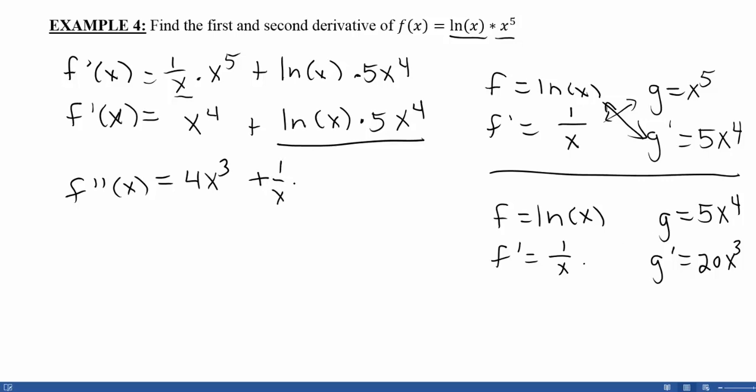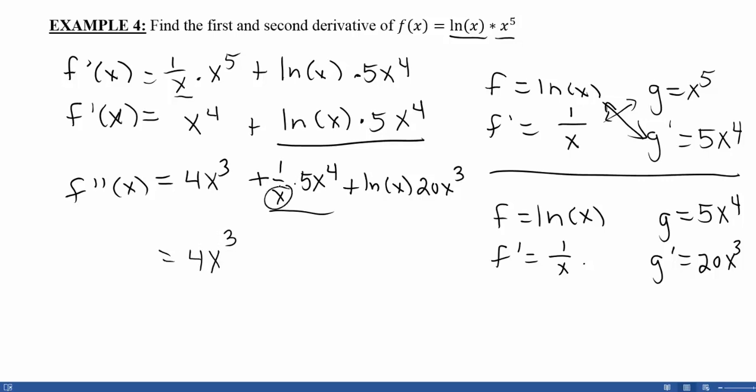So 1 over x times 5x to the fourth plus f times g prime. So plus the natural log of x times g prime, which is 20x cubed. And again, I'm going to simplify that middle term. So here, 4x cubed stays the same.